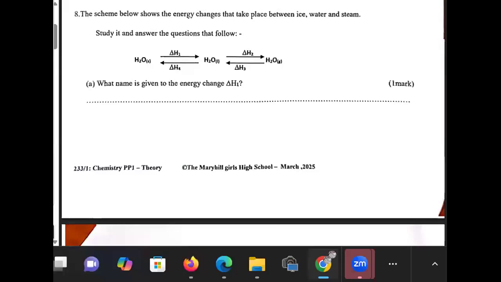So we can first of all name the processes. The first one is from solid to liquid. That is fusion. Then 2 is vaporization. 3 is condensation. The one below, 4, is freezing.